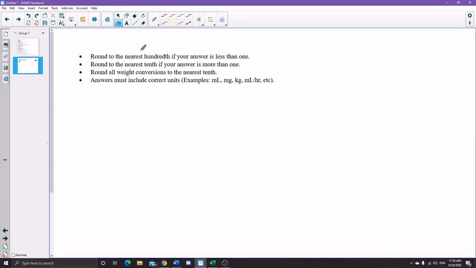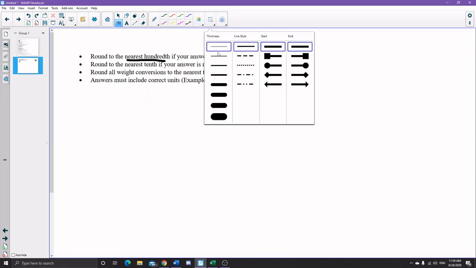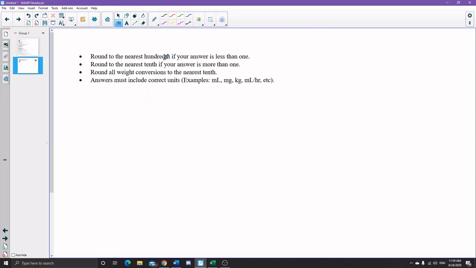So you have to round to the nearest hundredth if your answer is less than 1. So for example, in the nearest hundredth, you need to do that if it's less than 1.